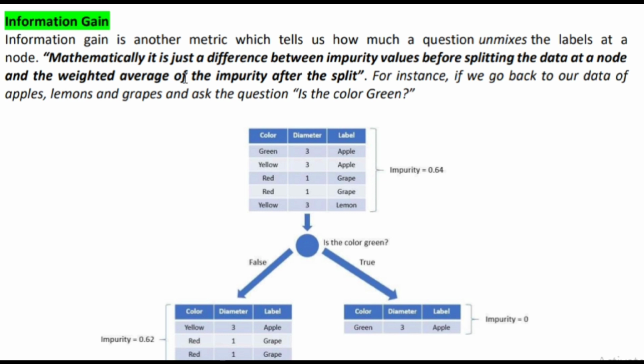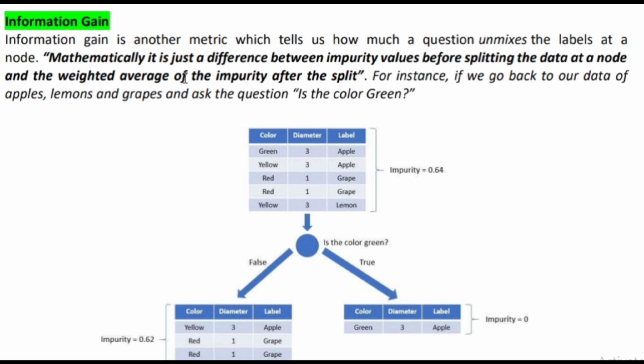On the true side, we see that impurity is 0. On the false side, we see impurity is equal to 0.62. So information gain is equal to 0.64 minus (4.5 into 0.62 plus 1.5 into 0), which is 0.144. The information gained by asking this question is 0.144.